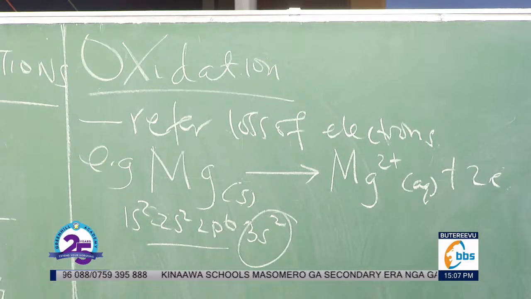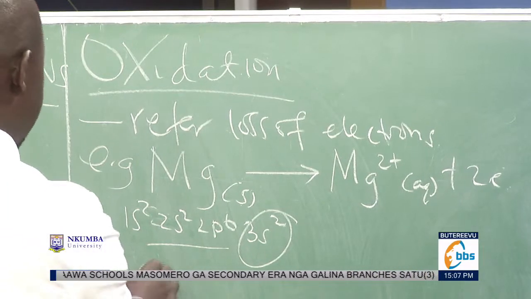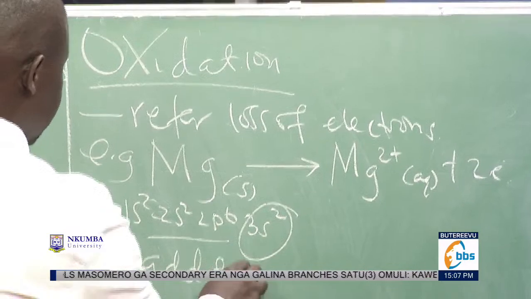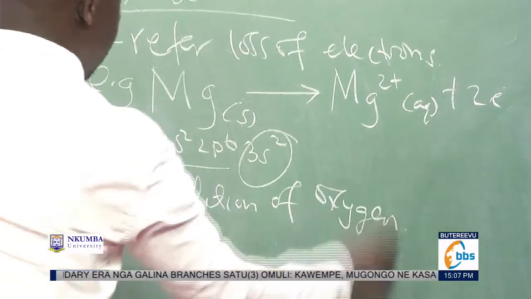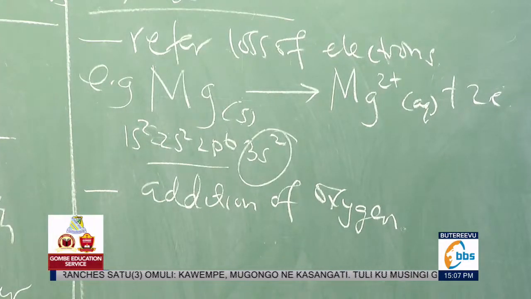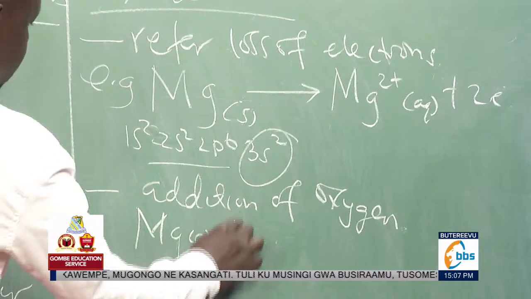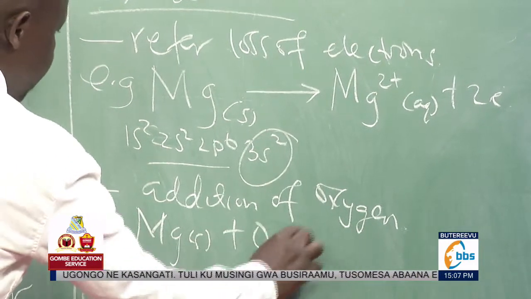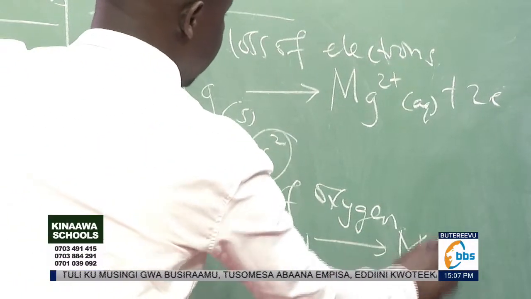We can also define it probably in terms of addition of oxygen, which is basically more O level. Addition of oxygen. We have magnesium plus oxygen and we form magnesium oxide.